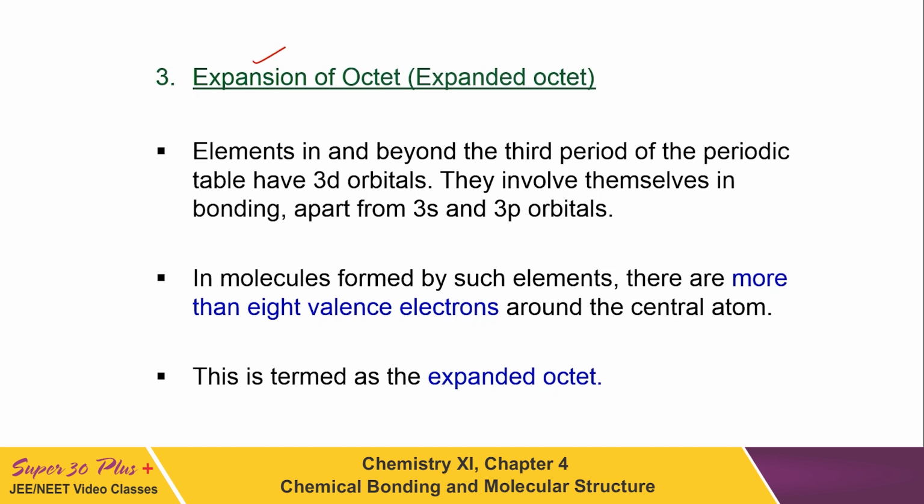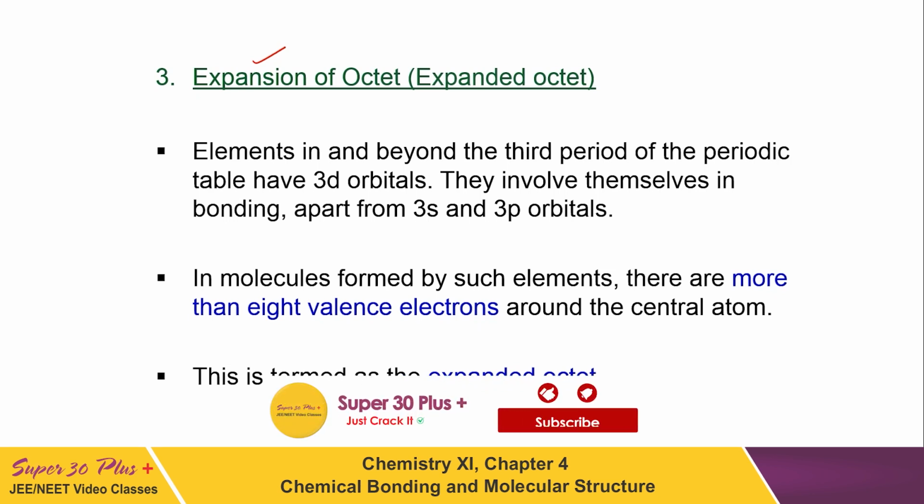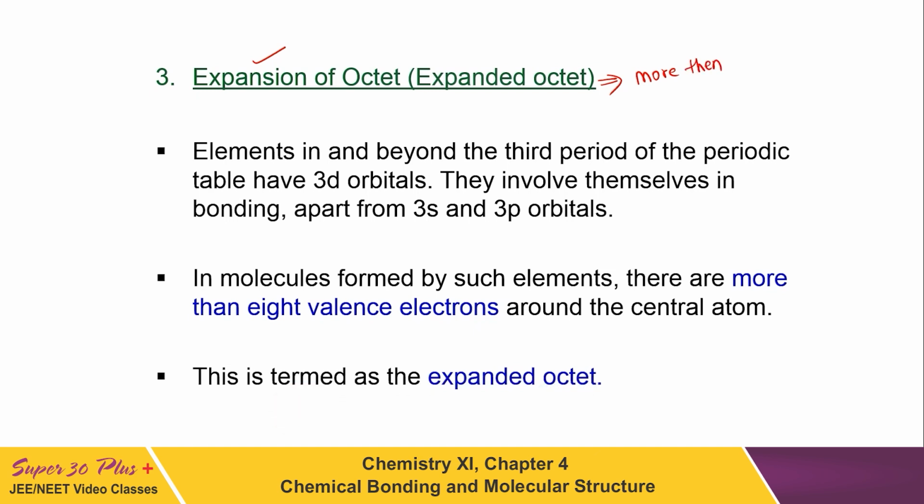According to the octet rule, there should be 8 electrons in the outer shell, but if electrons are more than 8 in number, then it is called expansion of octet, or an expanded octet. Means more than 8 electrons in the outer shell, right?